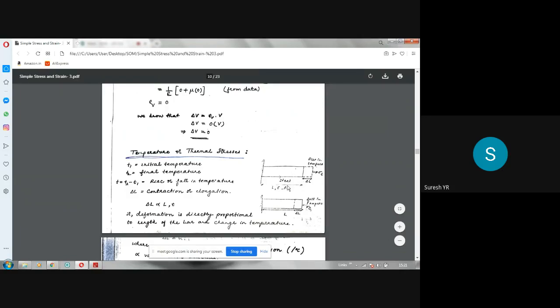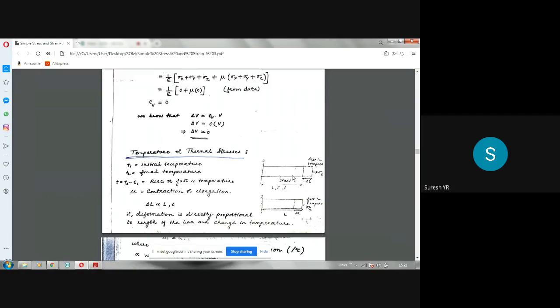You can see here there are two bars made of some material, steel, let us say. Suppose the initial temperature is 20 degrees centigrade, and the temperature is increased by another 20 degrees centigrade, so it has gone to 40 degrees centigrade by heating. The effect will be elongation, or increase in length of the bar.